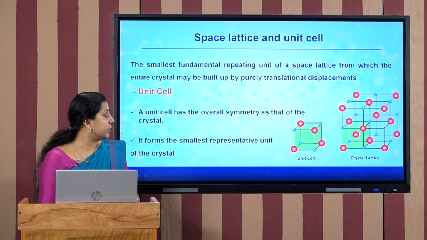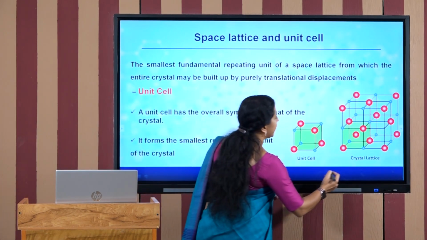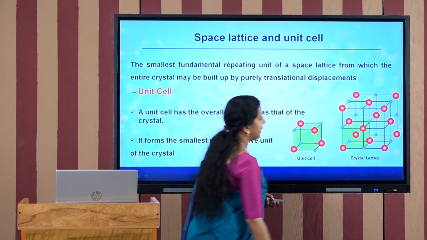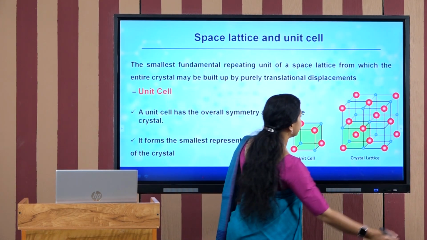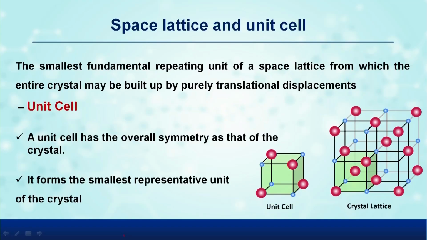Now, on the figure, on the right hand side, we can see the space lattice. This space lattice may be treated as a combination of 4 cubes.